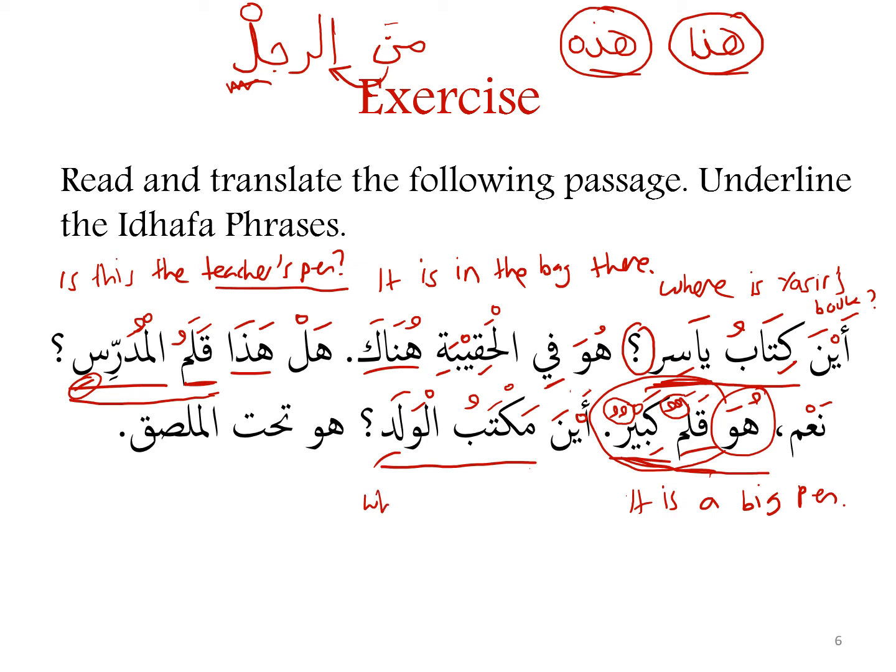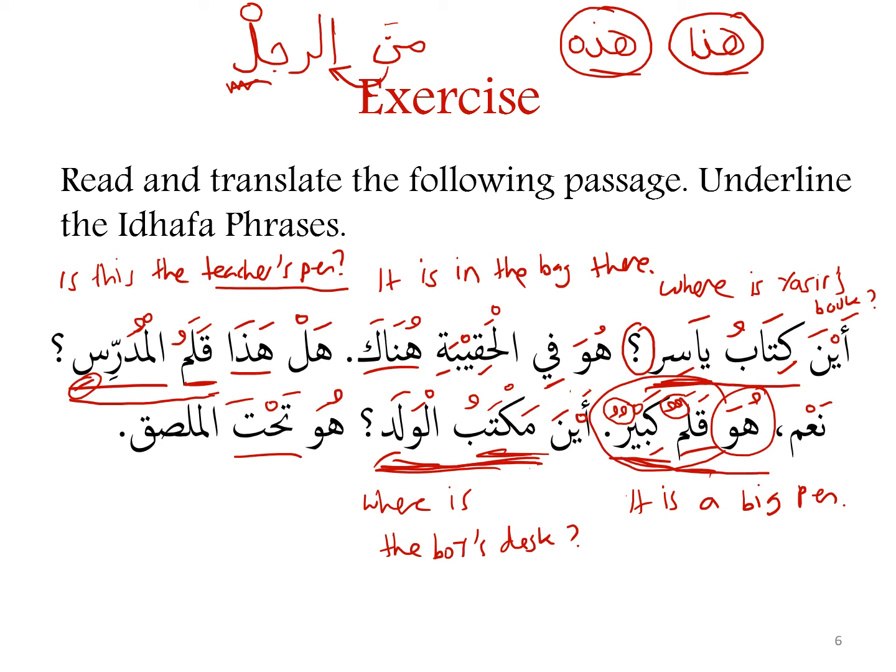Where is? So maktabu means desk. Al-waladi, where is the boy's desk? Or the desk of the boy. That's what this Idhafa phrase is trying to say. And we translate maktabu first. So desk of the boy. Huwa.